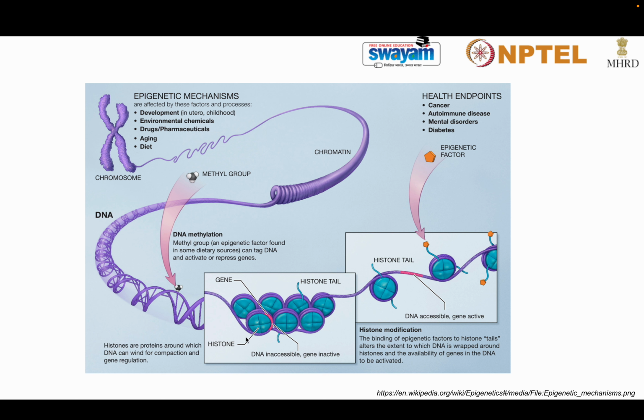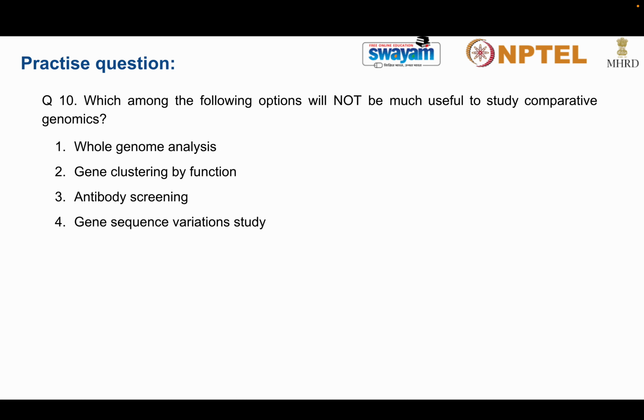If in the heterochromatin the histones are very compactly arranged and there is acetylation, then these histones will move slightly away from one another. It will relax this structure, convert it to euchromatin, and now these genes will be able to express as this DNA will be accessible. So this is the impact of histone modifications on gene expression, and this is one of the epigenetic modifications only. Now let's move to the next question.